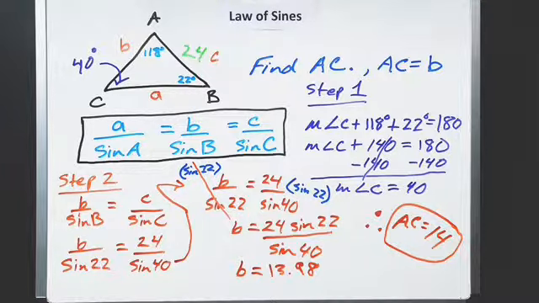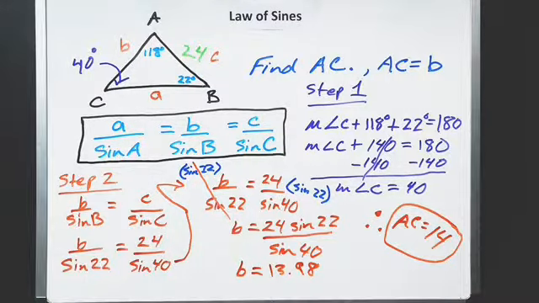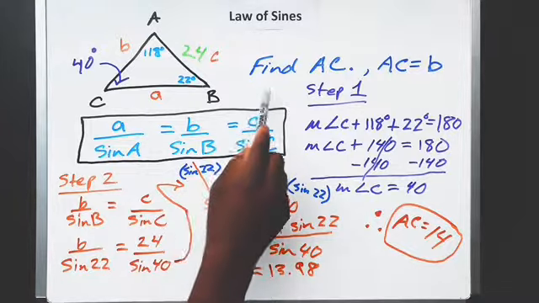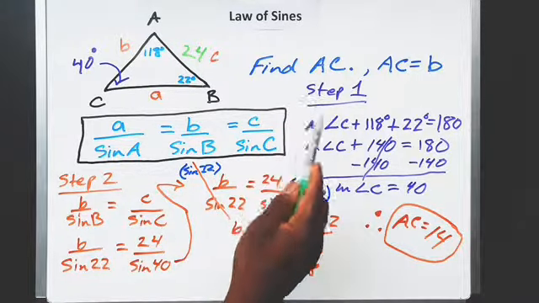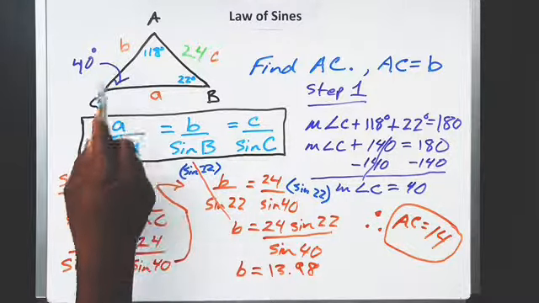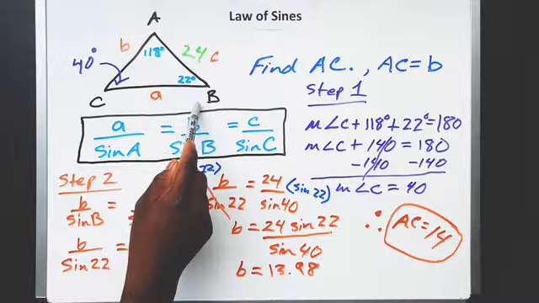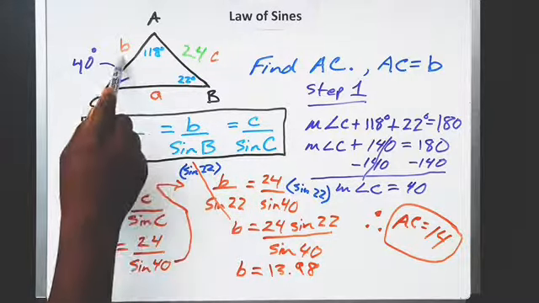All right. So as a recap, what did we do? We were given the original triangle and we did not know the measure of angle C. We were asked to find the length of side AC. We know that AC equals b, and what I did was I labeled this triangle. The opposite of angle B is side length b.